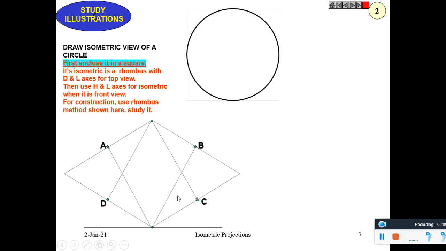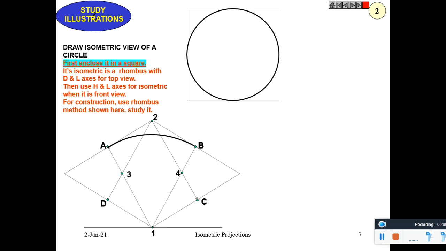Join to these midpoints from this corner and from this corner. Please note that the longest diagonal is excluded and these lines are drawn from these corners. Now name it as 1, 2, 3, 4.